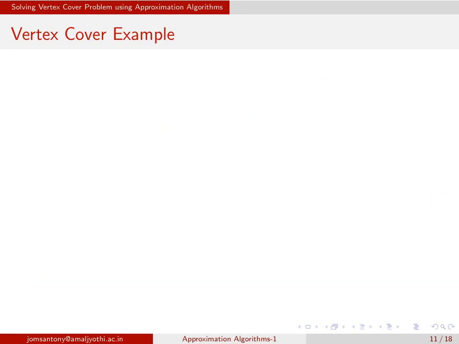Now let us estimate the complexity of a brute force approach which can be used to solve the vertex cover problem. Suppose that we are given a graph having n vertices. If we use a brute force approach, we have to generate all the different subsets of this set and check whether they form vertex covers.